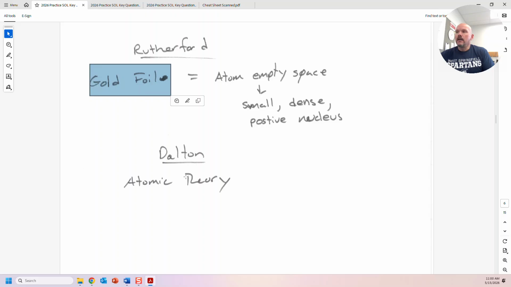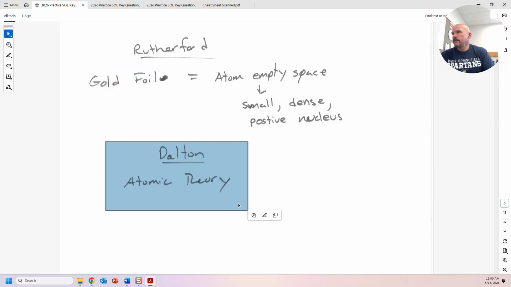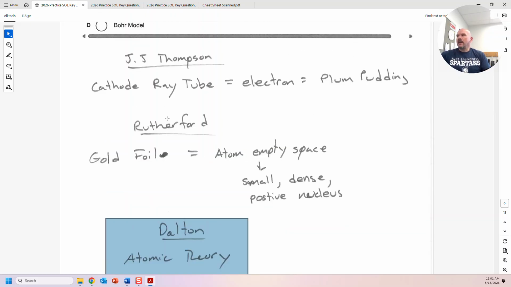Nucleus. And then Dalton had his atomic theory where he was kind of off. He didn't know about isotopes. He thought all carbon atoms were identical to every carbon atom. We know carbon can be carbon with a mass of 12, 13, or 14, right? But J.J. Thomson: cathode ray, electron.